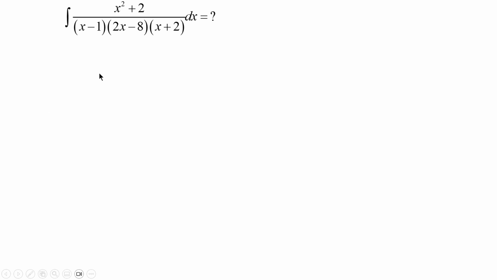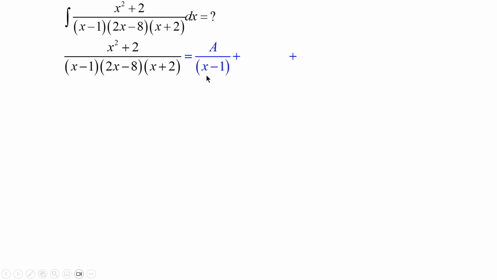So now, this one's a little uglier, but hey, let's do it. Let's take our first factor and put it under an A, our second factor and put it under a B. How about we take that third factor in the divisor and put it under a C?